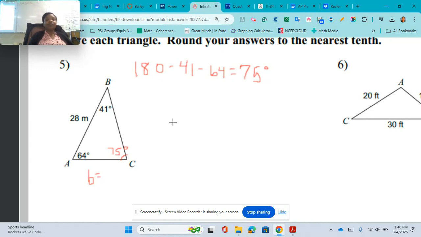The law of sine, we're going to set up our proportion as 28 divided by the sine of 75 and that equals, if we are looking for a little b, how can we set up the other side of the proportion?